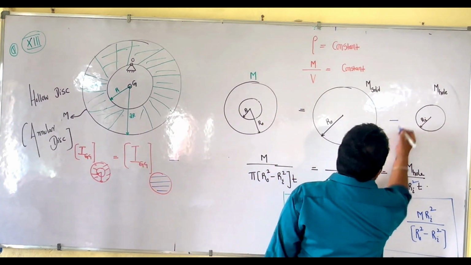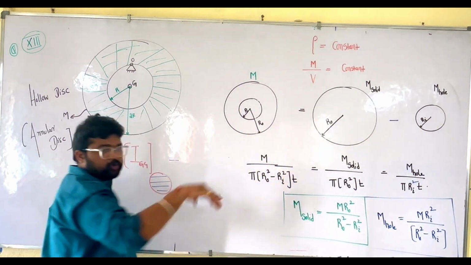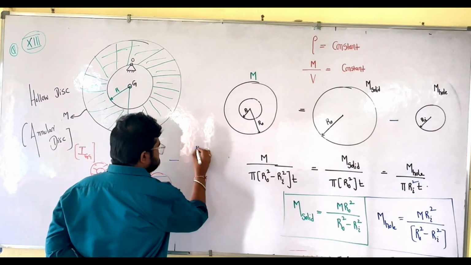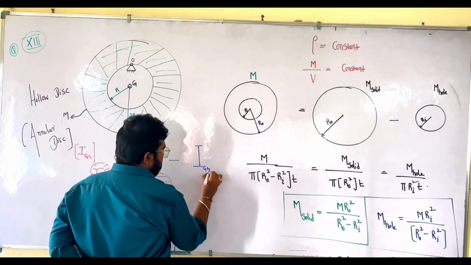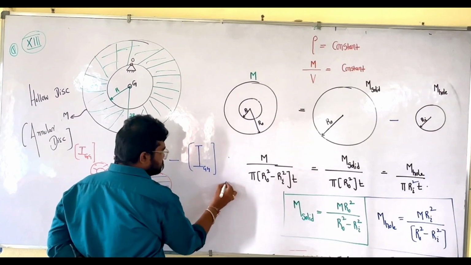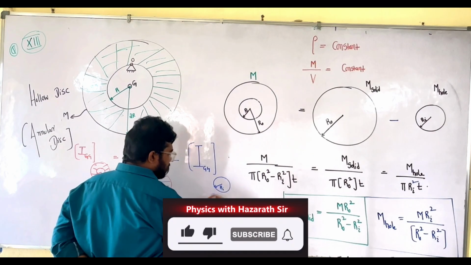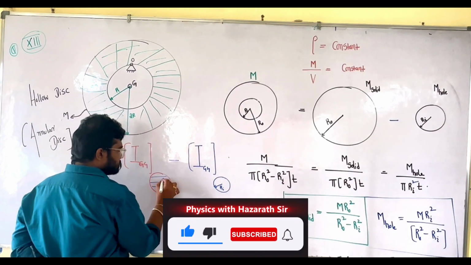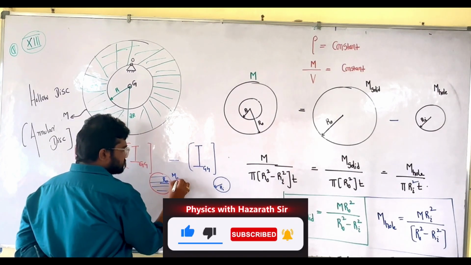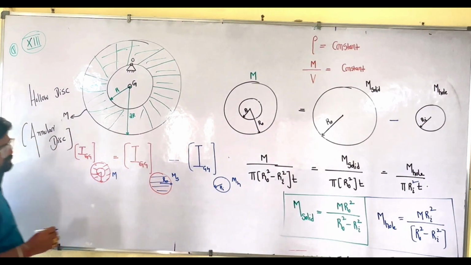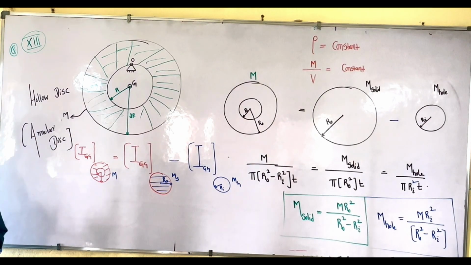We need to remove the hole; I am taking M hole as negative. Clear?